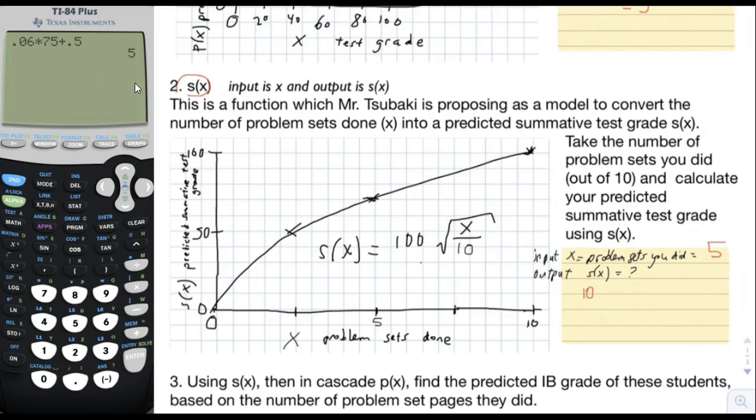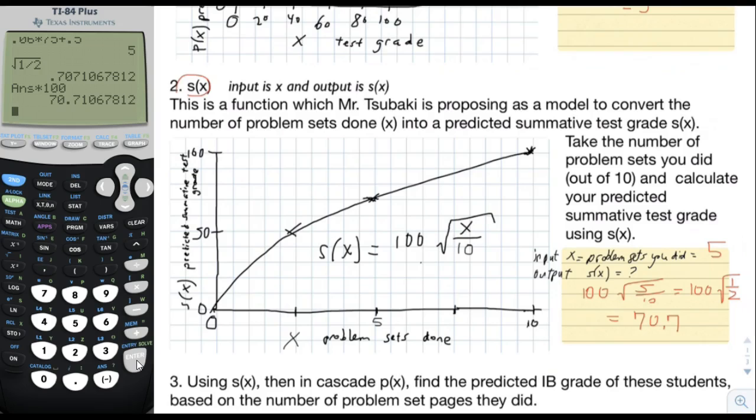Then I'm going to figure out what my summative test grade is based on the 5 problem sets I did. I'm going to put 100 square root of 5 over 10, which is 100 times the square root of a half. I don't know what the square root of a half is. Let's find out. It's 0.707, and I multiply that times 100, and I get 70.7. So my predicted summative grade would be 70.7, based on the fact that I did 5 of the problem sets.